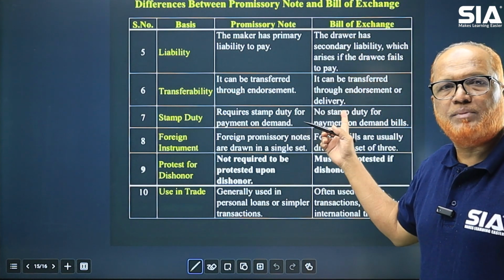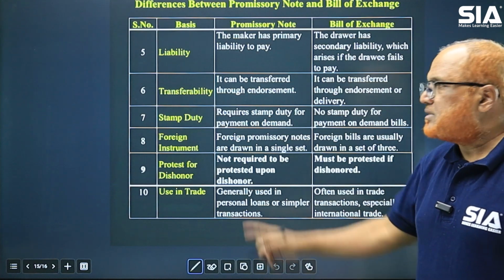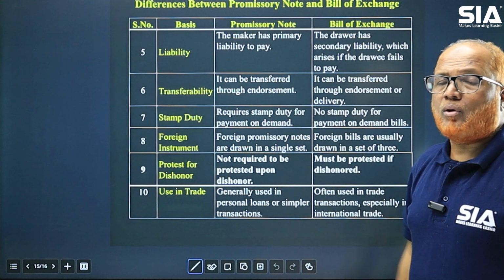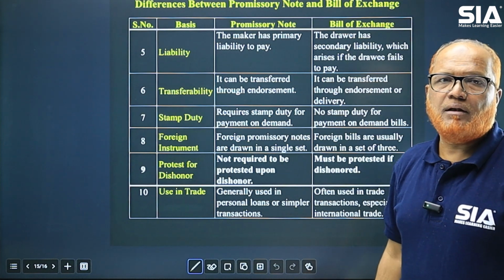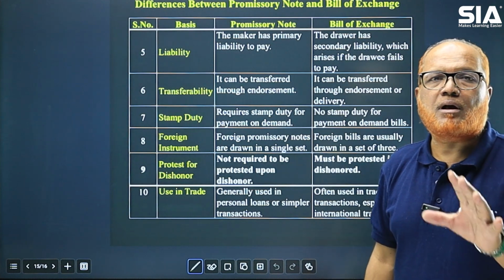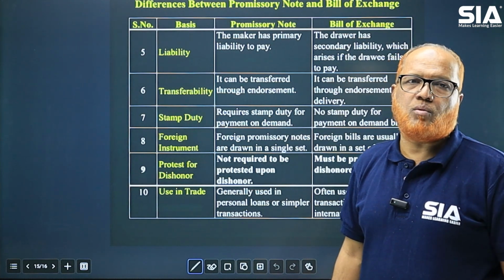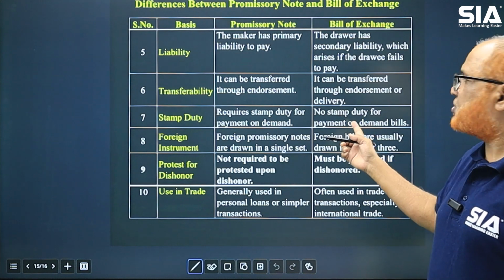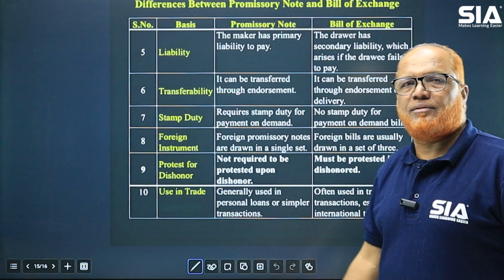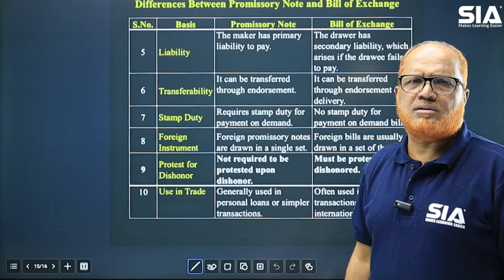Stamp duty. A demand promissory note compulsorily requires stamp duty. But in case of bills of exchange, no stamp duty is required for payable-on-demand bills.